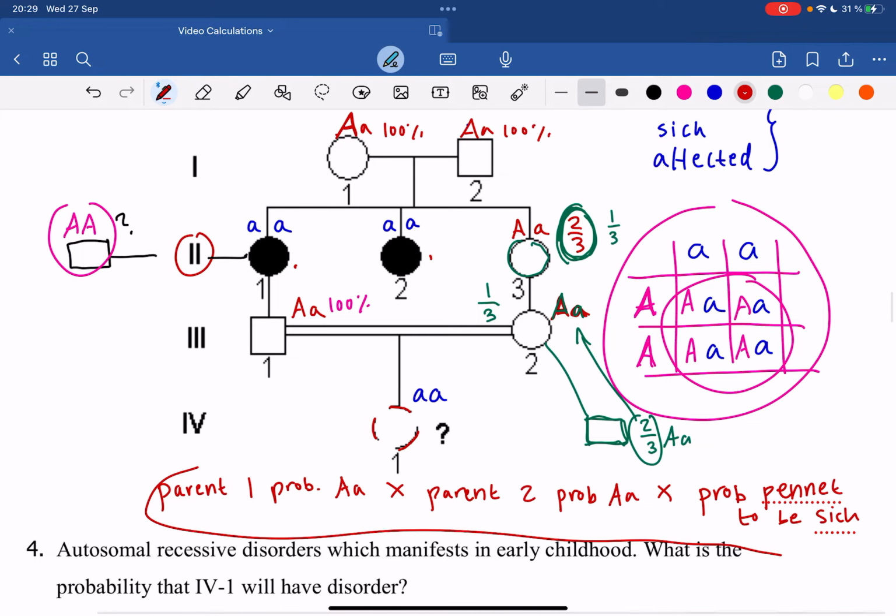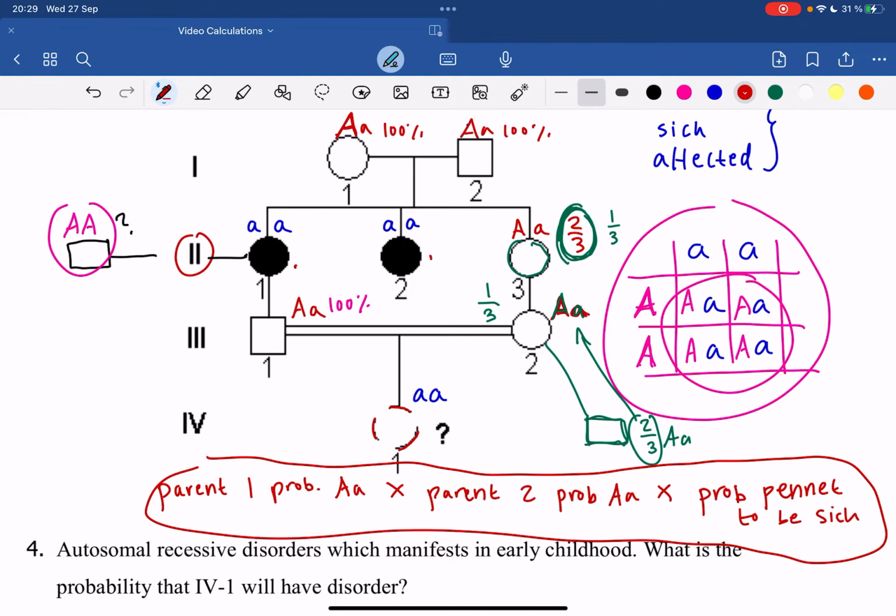Those are the probabilities we're using when it comes to finding out if the kid is going to be affected or not. I think this is the same for any sort of disease, whether it's autosomal dominant, autosomal recessive, or X-linked recessive. It's all the same, except that maybe you add penetrance for autosomal dominant.